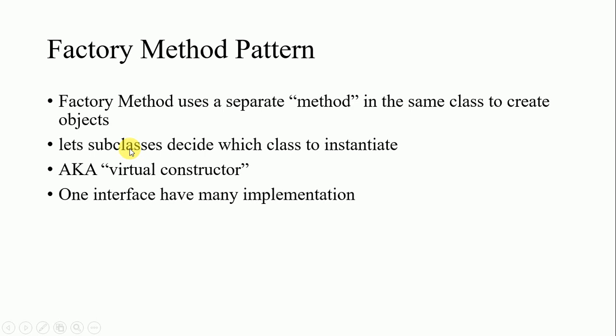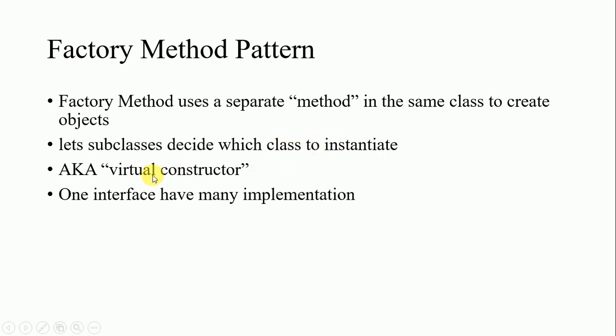For example, you have a knife as a parent class, and you have many types of knife in the subclasses. What is the thing that creates the object of that knife class? You have a separate factory method that decides which class should be instantiated.